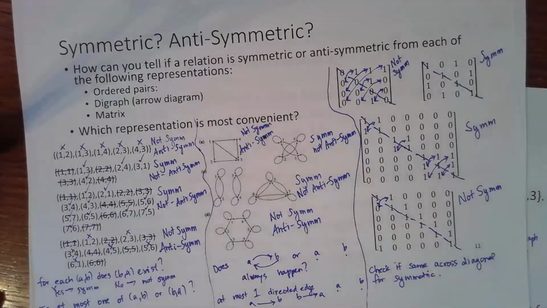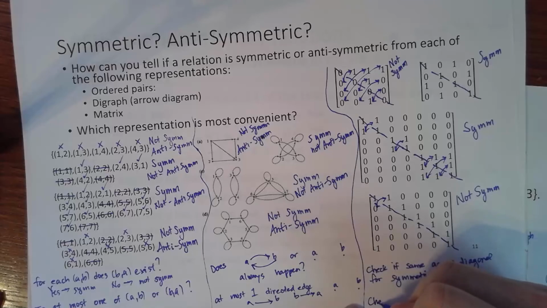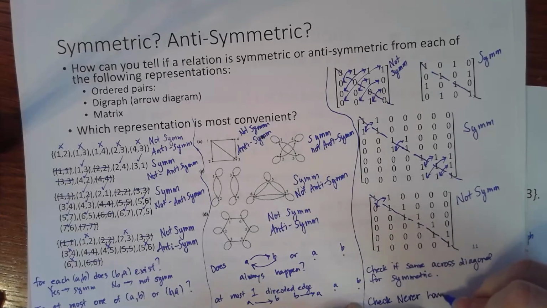And then if I wanted to check for antisymmetric, you're tempted to say they're always different, like a 1 and a 0, but remember it could be always 0, 0, so it's better to check that we never have 1, 1 across the diagonal.